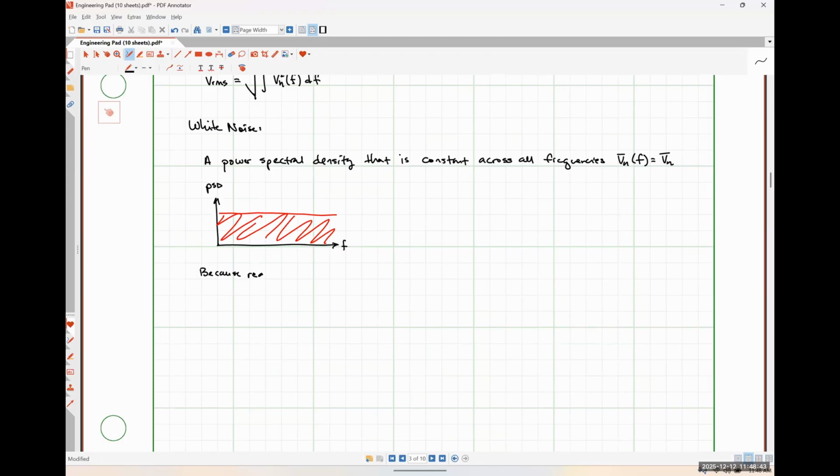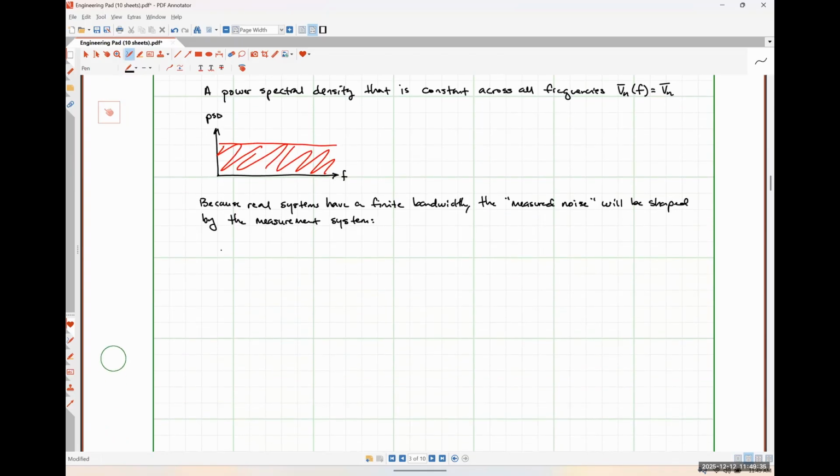Because real systems have a finite bandwidth, the measured noise will be shaped by the measurement system. Where our measured noise might be something like this.